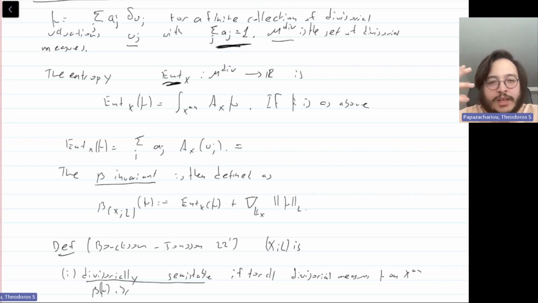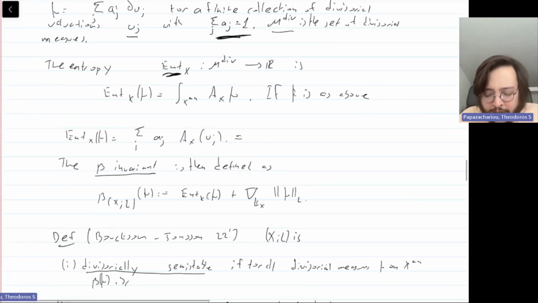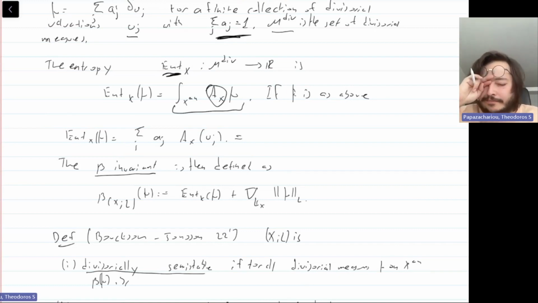So this entropy term works by taking the log discrepancy and making a formal combination of it. This is just a function from the divisorial measures to the real numbers, where this value is what is called the log discrepancy function, which can be defined for every valuation, in fact, not just divisorial valuations.